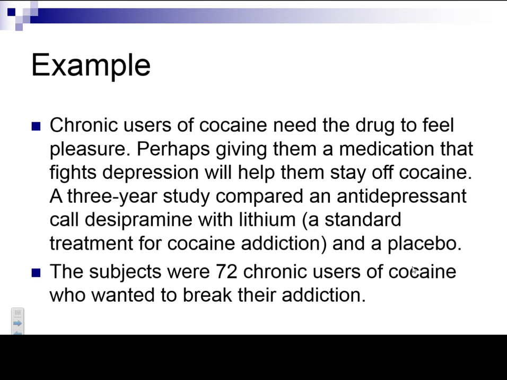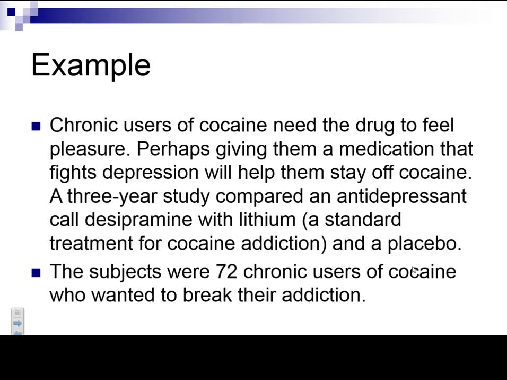But let's get back to this chi-square. Let's take a look at the way this next chi-square test for homogeneity is going to work. Here's an example. Chronic users of cocaine need the drug to feel pleasure.